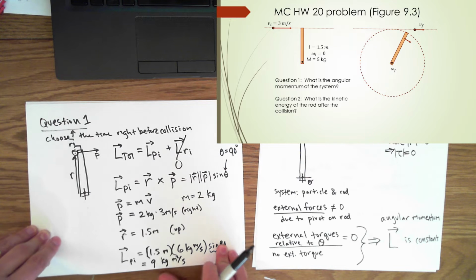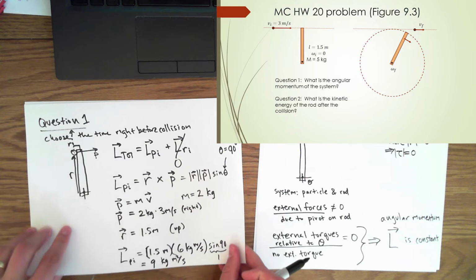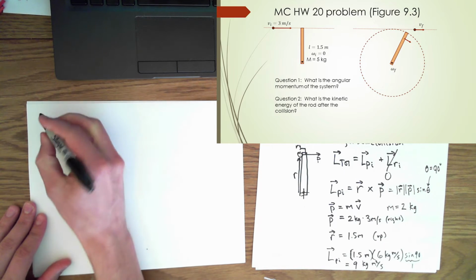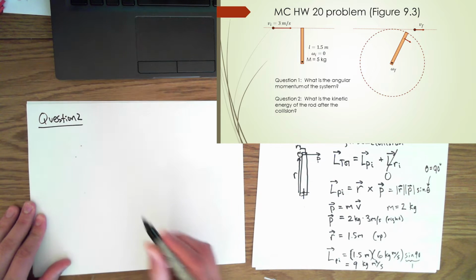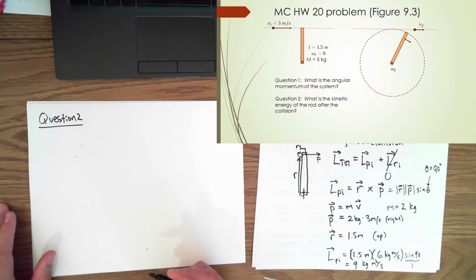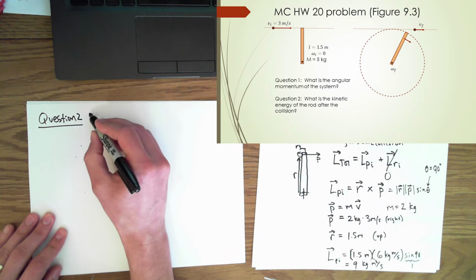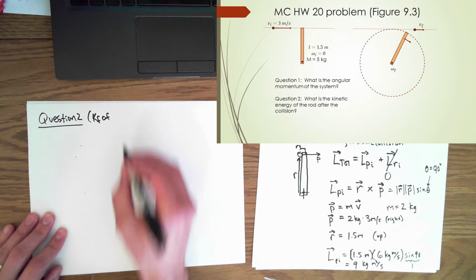Okay, what about question number 2 here? This is one where I think people got tripped up more and had more difficulties on the multiple choice homework. For question 2, you are asked to find the kinetic energy of the rod after the collision. So this is K final of the rod.